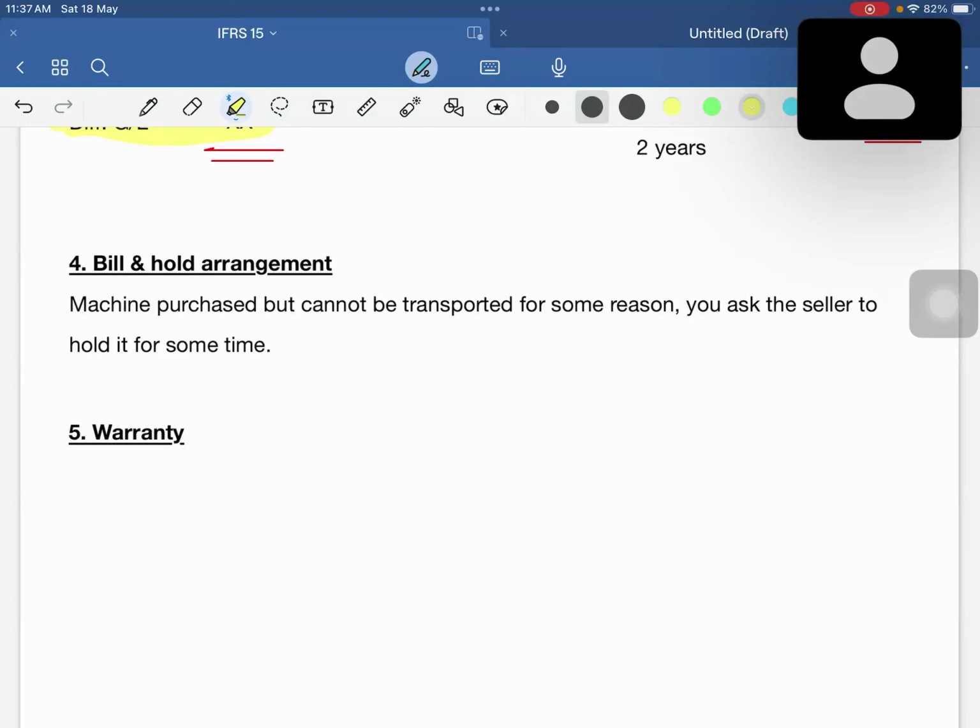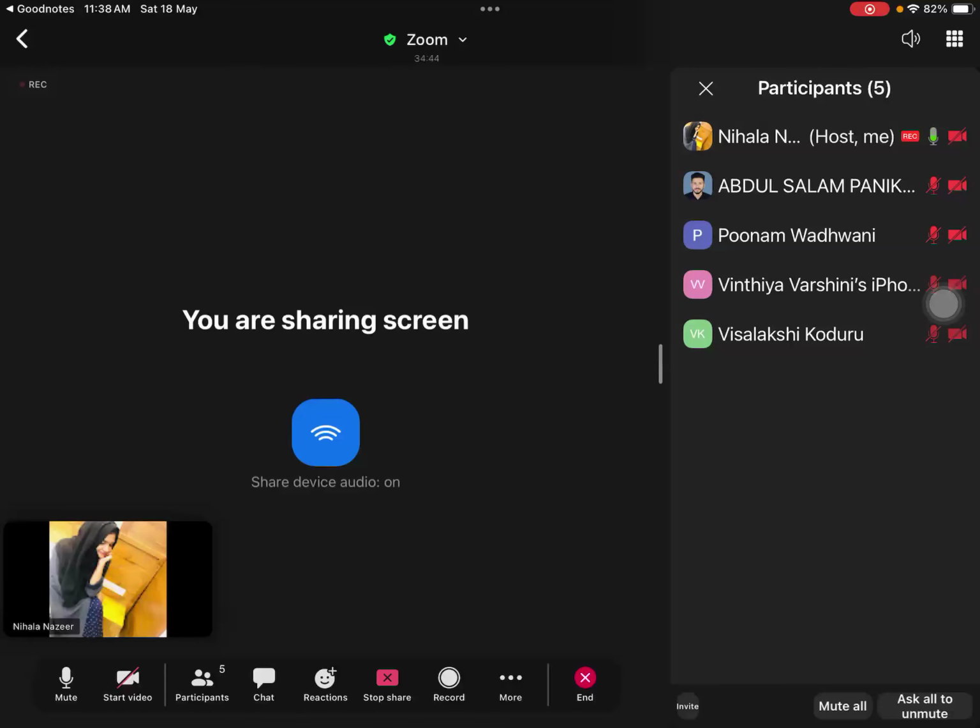In this case, you're going to have to take those goods and store them in the warehouse until the customer says they can be transferred. Of course, you will charge something for it, but this arrangement is called a bill and hold arrangement. In any case, you are just going to study these things for knowledge purpose. This is not the one that you're dealing with under this standard.